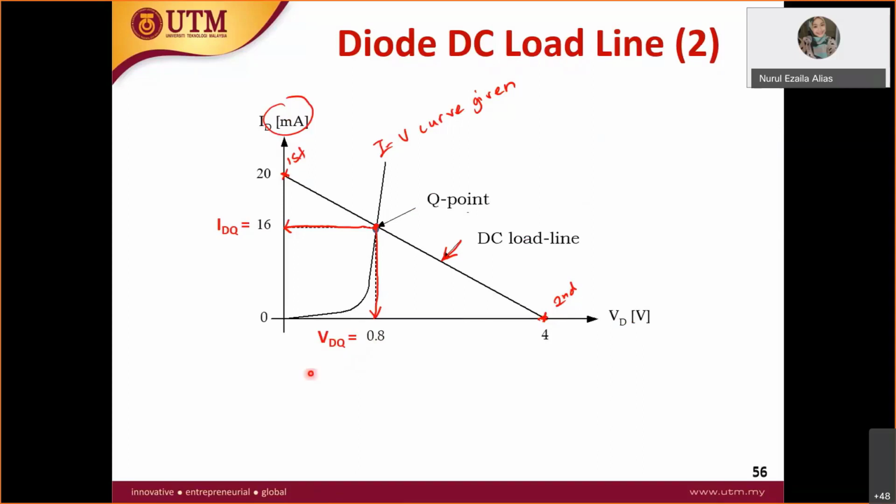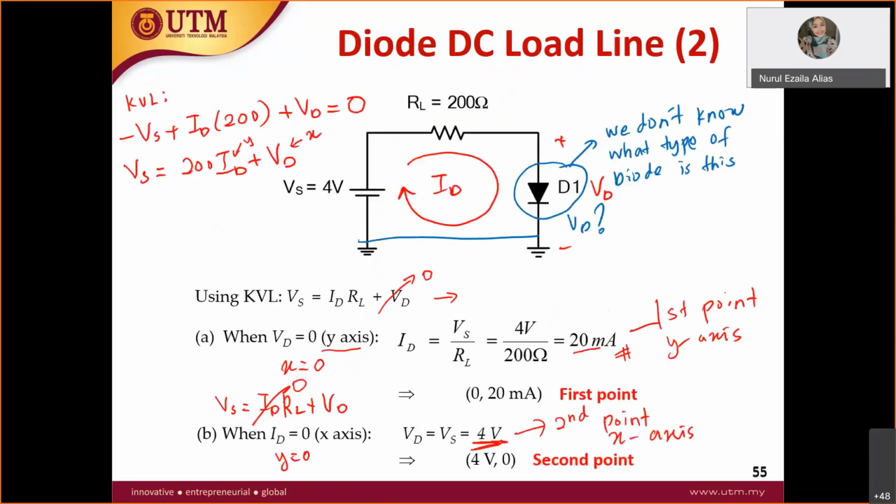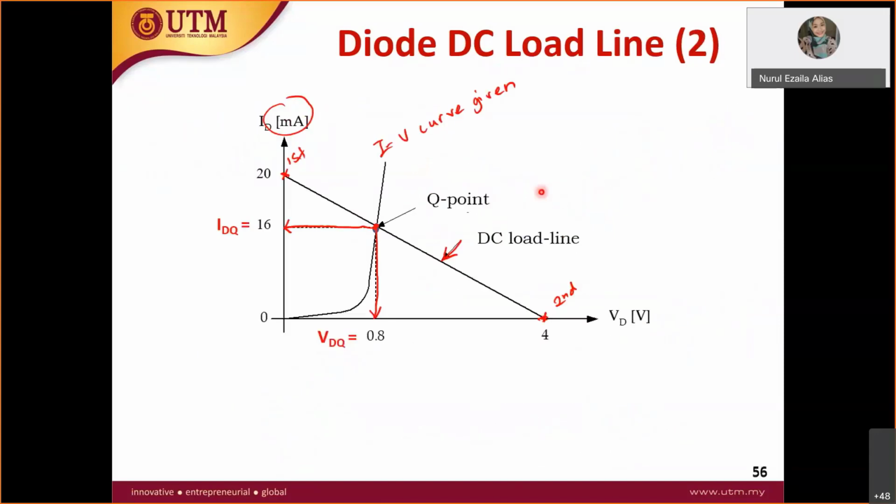So you may assume that this diode is a silicon diode. For the graphical method, you define yourself what type of diode this is by using the DC load line. Now you know that the operating point VD is 0.8 and the current flowing through it is 16 milliampere.